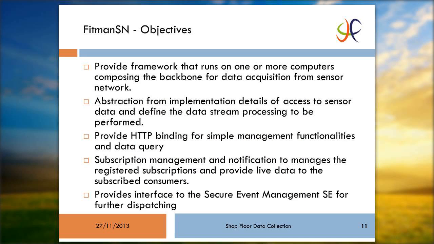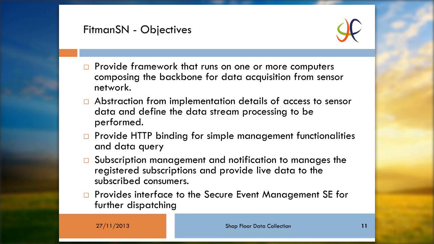Now we will talk about the FITMAN sensor network, another component of this specific enabler. The major objective of this component is to provide a framework that runs on a computer acting as a server, which will form the backbone for acquiring data from sensor networks, different types of sensors.